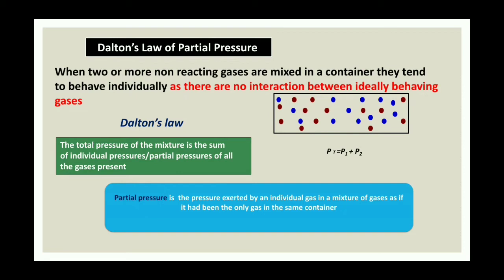An important thing you have to note here in Dalton's law of partial pressure is that this is a mixture of non-reacting gases. If you are taking two gases that are reacting together, then Dalton's law is not applicable for those gases. It is applicable only for non-reacting gases. Remember, that is very important. So for non-reacting gases, the total pressure is the sum of the individual pressures of all gases.